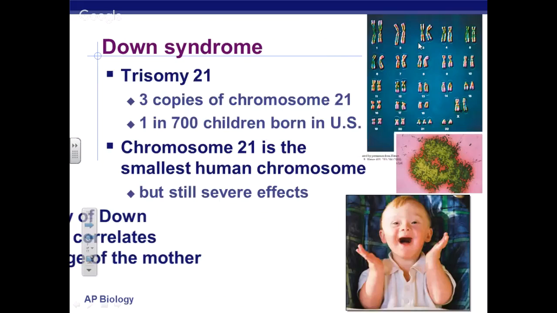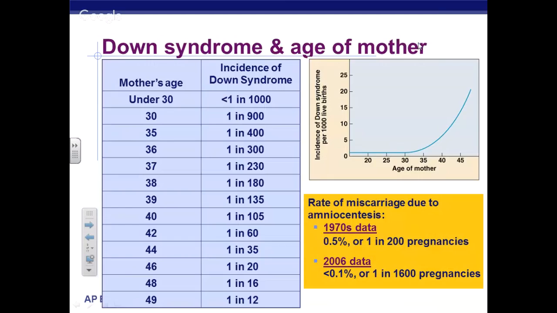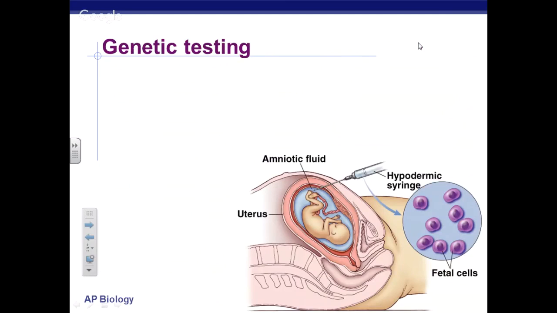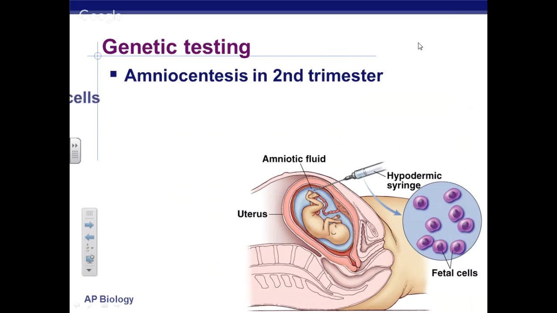So that's Down syndrome. Like I said, there's other types. We'll get to the sex ones later, but there's trisomy 13 that creates a certain set of symptoms. Anyway, there's genetic testing that women can choose to have done if they want to. There's two types. You can do an amniocentesis, which is what they're showing here, where they stick a hypodermic syringe into the amniotic fluid and take out some of the fluid.